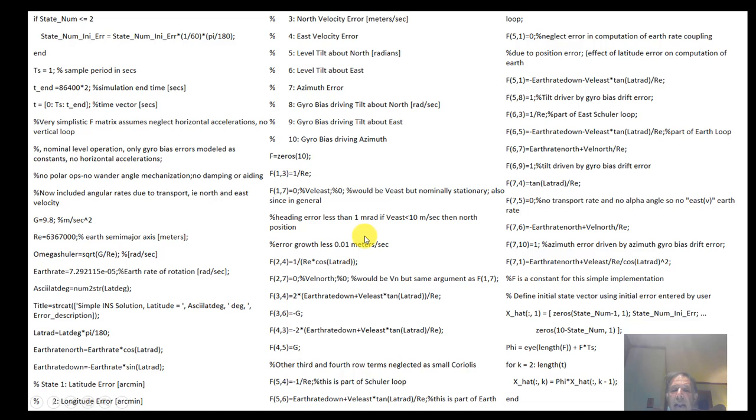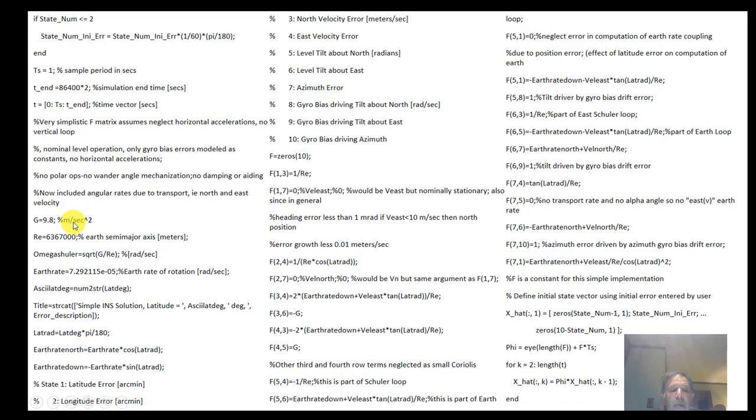We could take a look at some of the other terms. Remember in the solution that we did for the simplified second order differential equations, G represents the Euler loop, and omega Euler is the square root of G over the radius of the Earth, we neglected the Euler loop. So in the analytical differential equations that we solve for simplicity, we neglected the Euler loop.